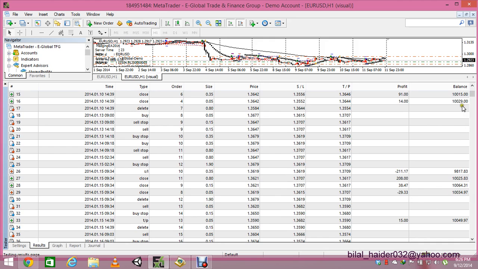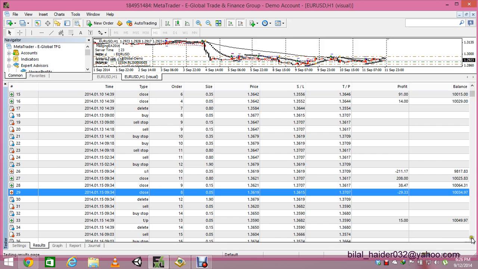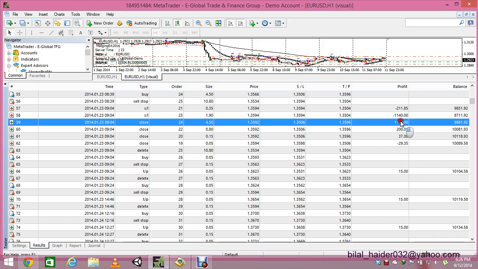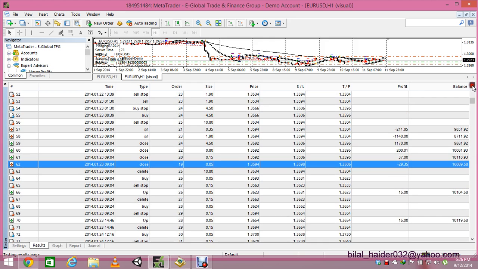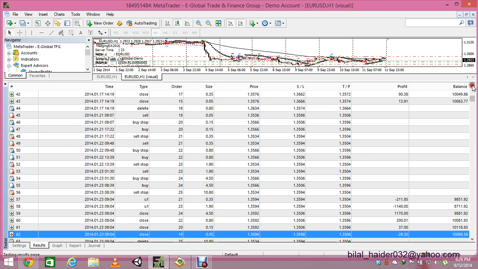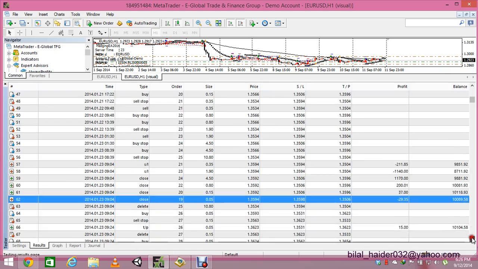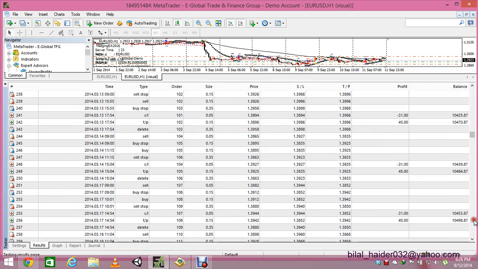Your balance is 29 and then 34, so it always grows. Even if it places 6 trades in one cycle, you are in profit. As you can see here, 63 and 89, so you are in profit. Basically you're always in profit.